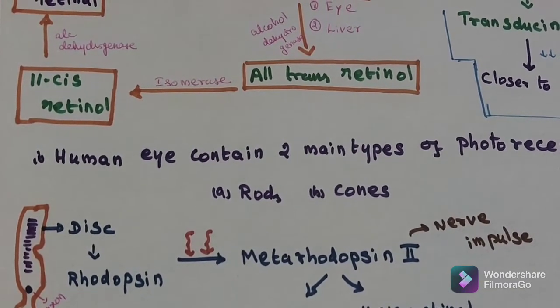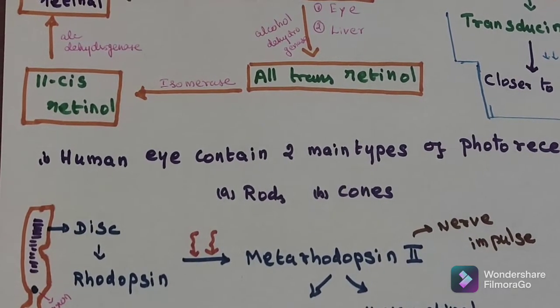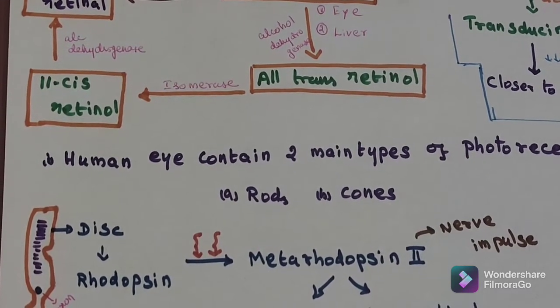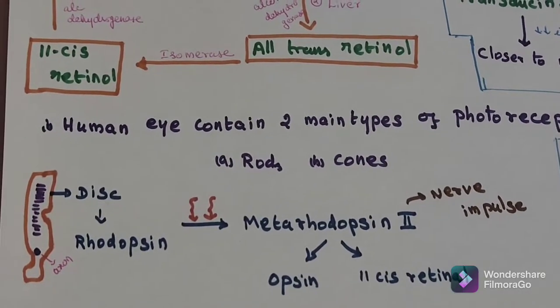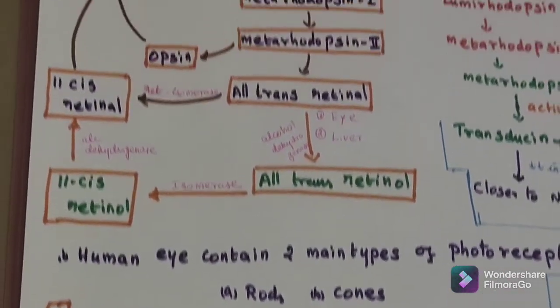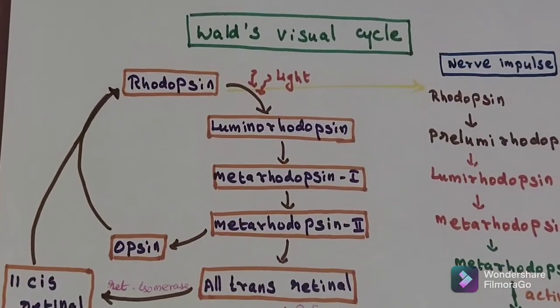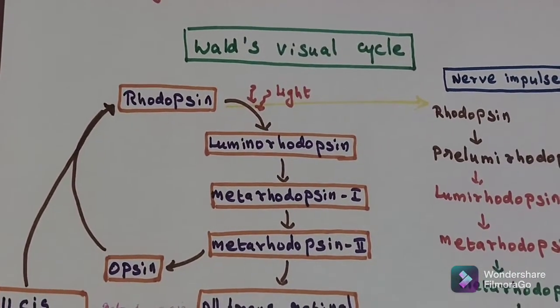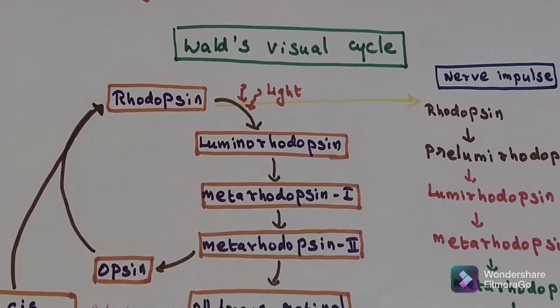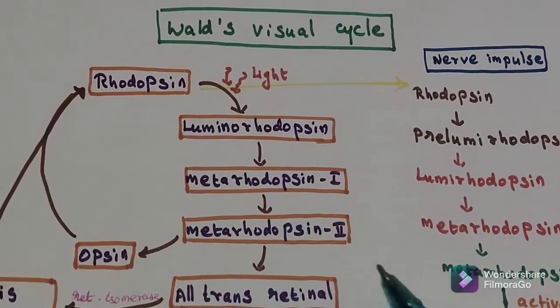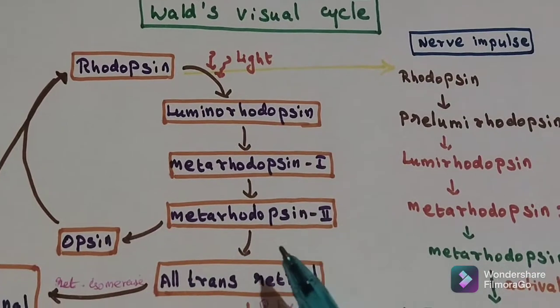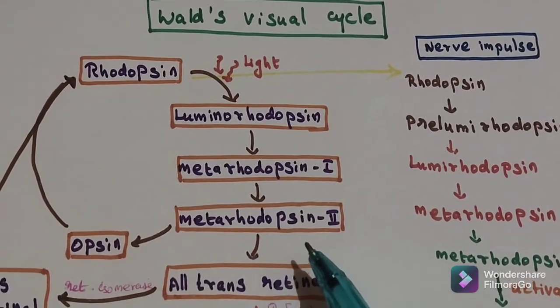The basic step in Wald's visual cycle is that when rhodopsin is exposed to light, it breaks down into lumirhodopsin, which is spontaneously converted into metarhodopsin 1, which is further converted into metarhodopsin 2.